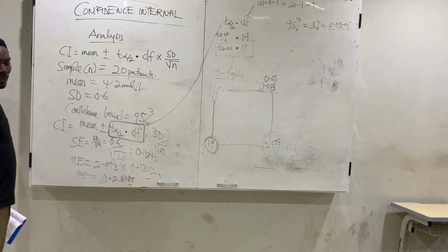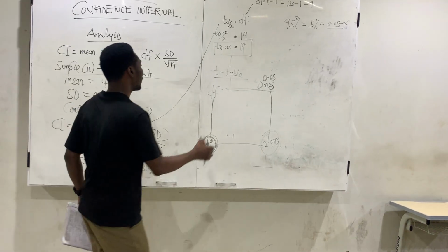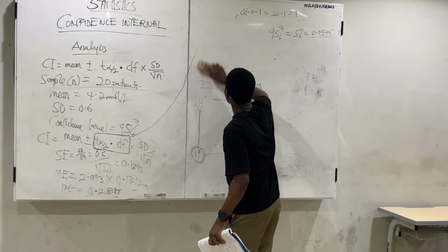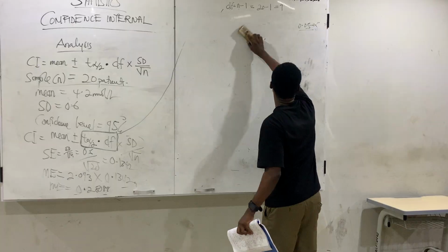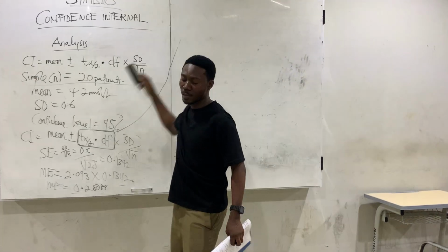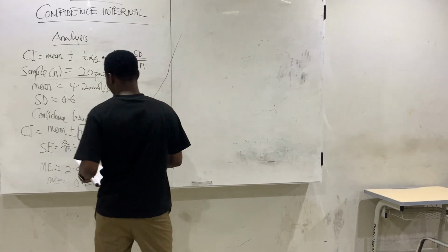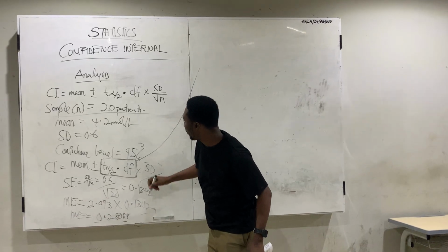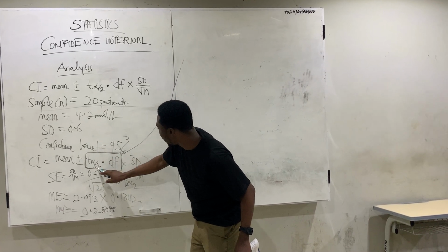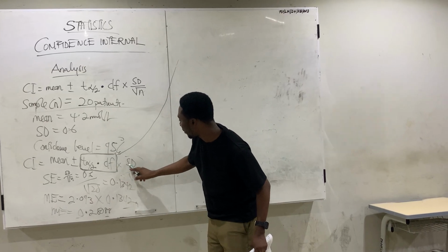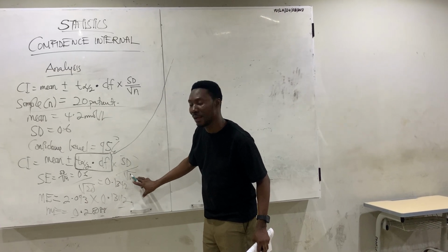So that's the answer you get for the ME. When you get the answer, the ME represents this part of the formula: the t alpha over 2 by df multiplied by standard deviation over square root of n.